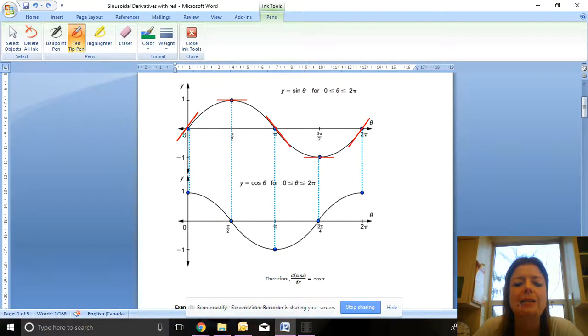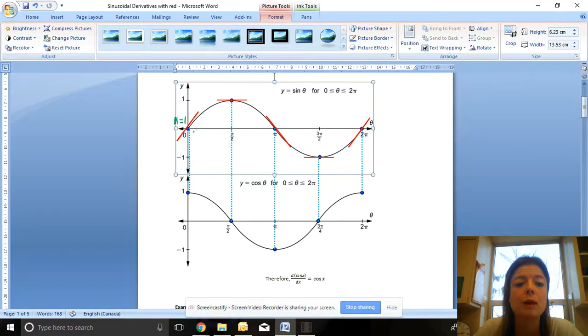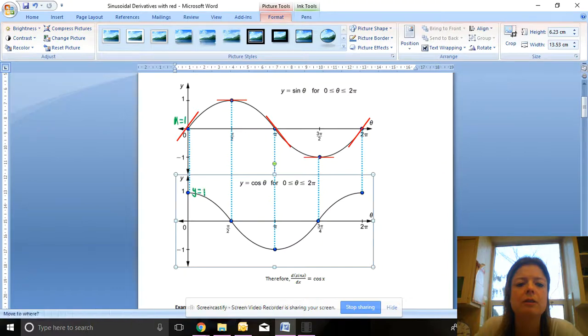Notice at x equals 0, or theta equals 0, the slope of this tangent would actually be 1, if you calculated that. And down here, the y value of the cosine curve is 1. Notice now that we have a positive slope of the tangent as theta goes from 0 to pi over 2.